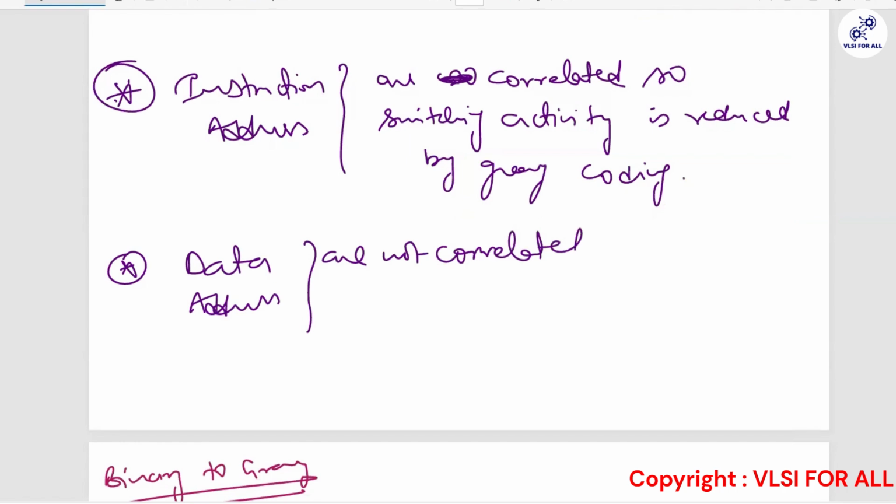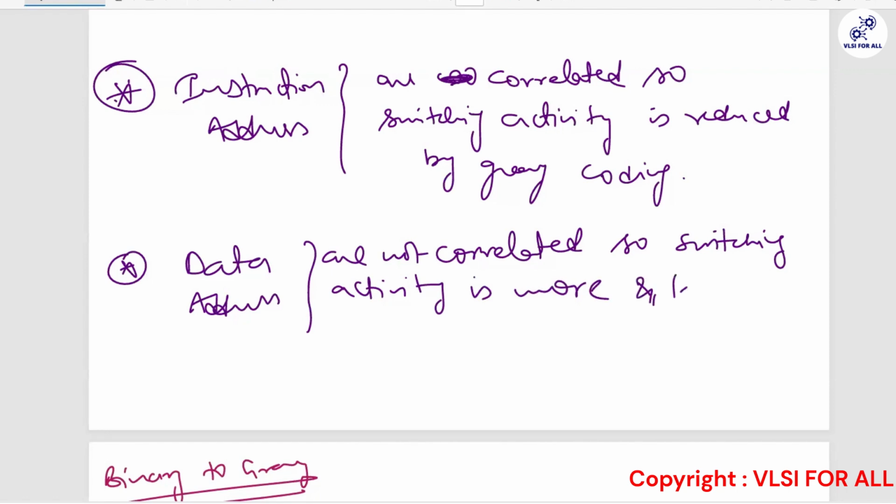This is just an example I'm giving you. So switching activity is more or less similar to binary code.